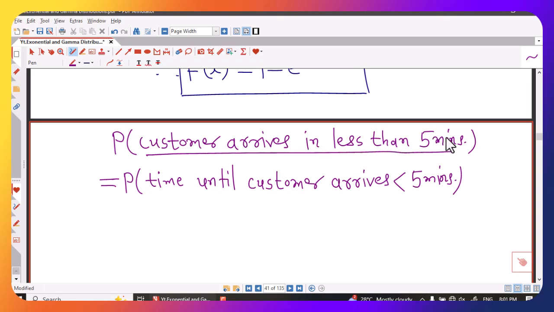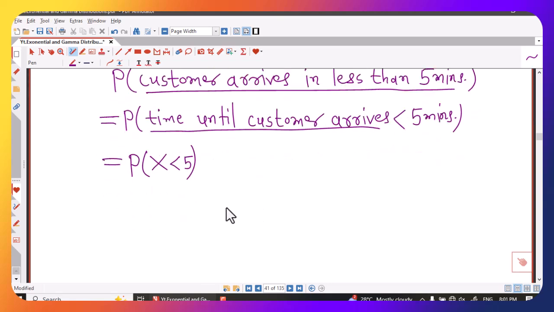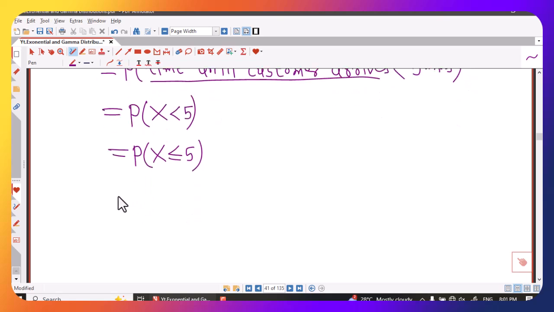Customer arrives in less than 5 minutes, that we can rewrite in another way as time until the customer arrives is less than 5 minutes, and time until the arrival of customer is considered as random variable x. So we have to calculate the probability that capital X is less than 5, and we know that if x is a continuous random variable, then whether we write x less than 5 or x less than or equal to 5, both are equivalent, and this is by the definition of CDF, equal to F of 5.